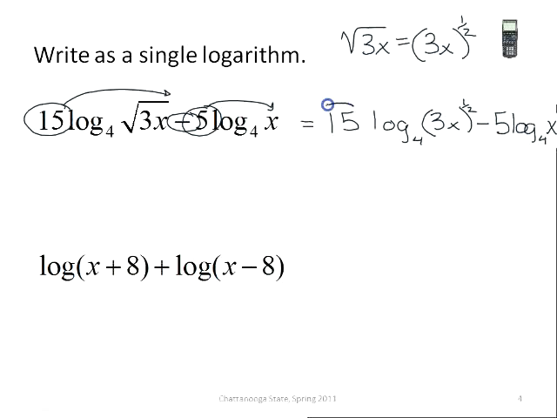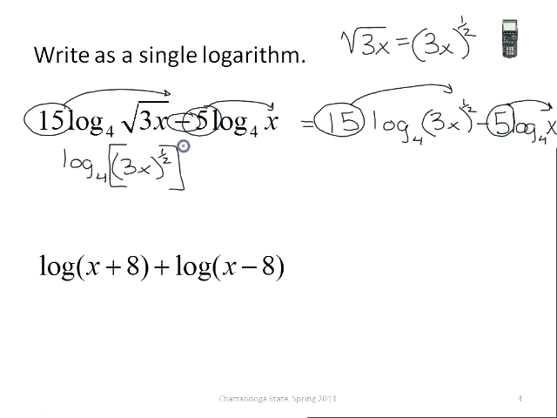Then I want to take my coefficients that are out here in front and move them to the exponent. So this will be the log base 4 of 3x to the 1/2 power raised to the 15th power minus the log base 4 of x to the 5th power.